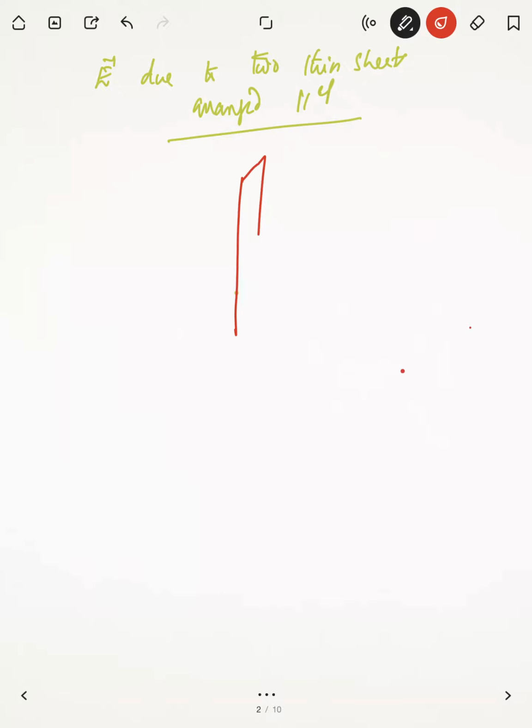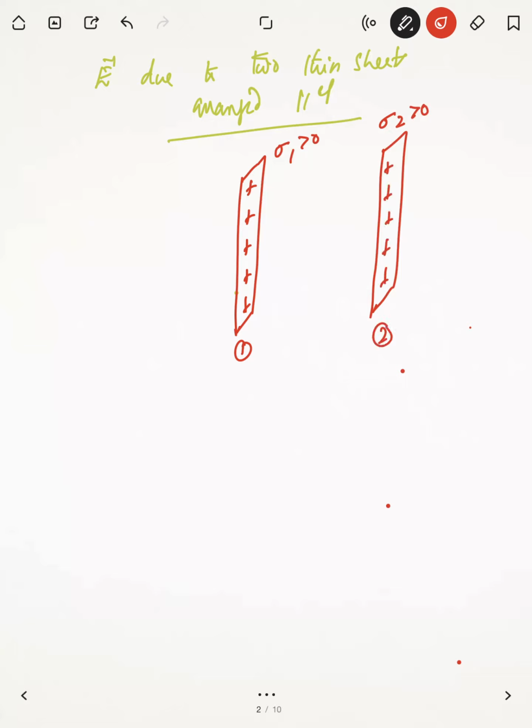For discussion, we take it as sigma 1 greater than 0. We are giving it positive charge. The planes are perpendicular to the plane of the paper. This is sheet number 1. The second sheet has surface charge density sigma 2, which is also greater than 0, positive. This is the second sheet.